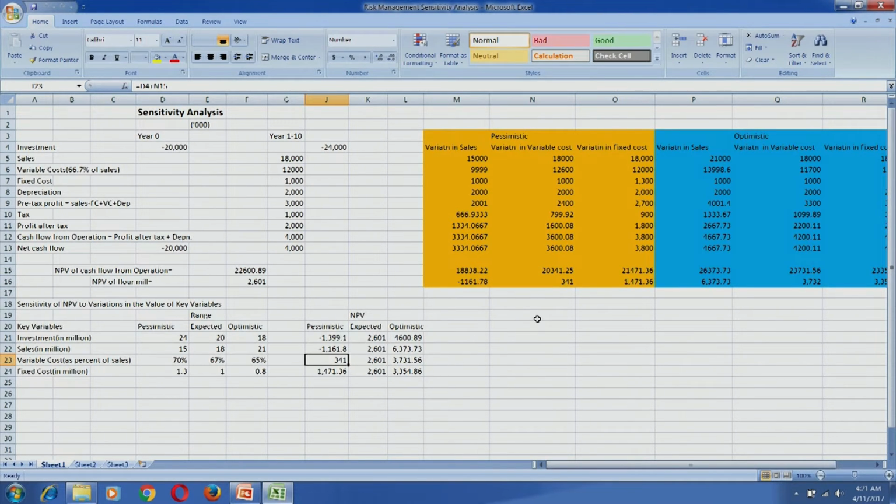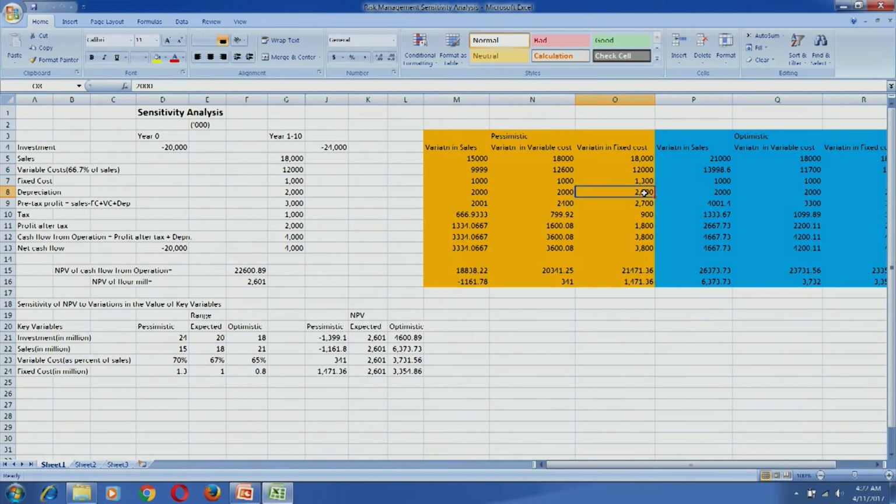Okay. What is the third input variable? Fixed cost. Now let us change fixed cost, right. Earlier fixed cost was 1000, now it is 1300, right. So how NPV will change because of this? Now sales is same, cost is same, initial variable cost which is 66% of sales, right.